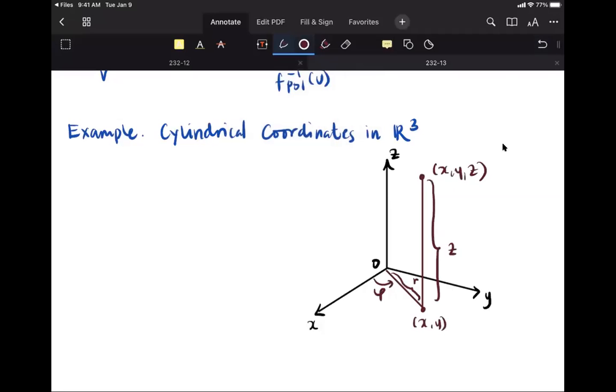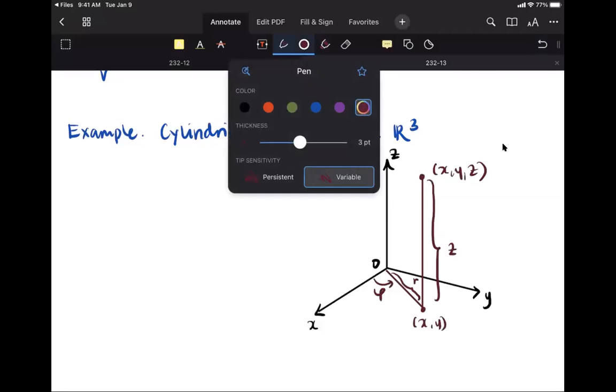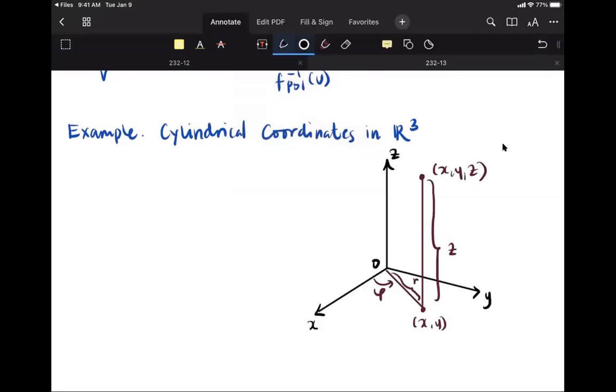So in this case, our change of variables will be as follows. F sub C for the cylindrical coordinates. Similar to the polar, this is the polar coordinates, and you take any real number for the height, and this maps into R cubed.